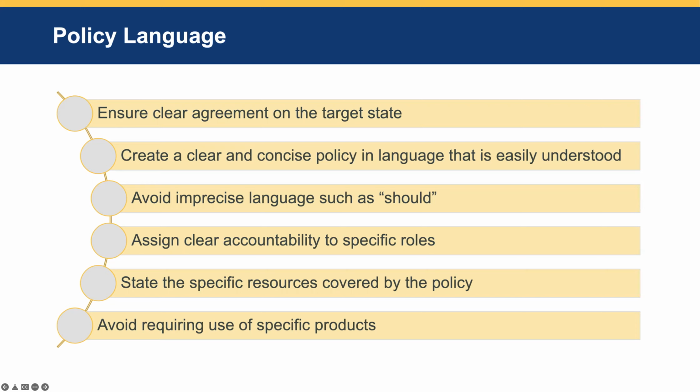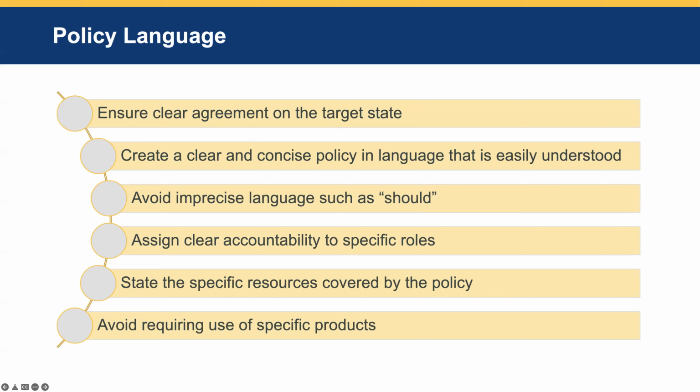So it's important to keep in mind that a number of things want to be in place for clear and consistent policy language. You want to ensure that it creates a clear and concise policy language that's understood by all involved. You want to be sure to avoid imprecise language such as should.